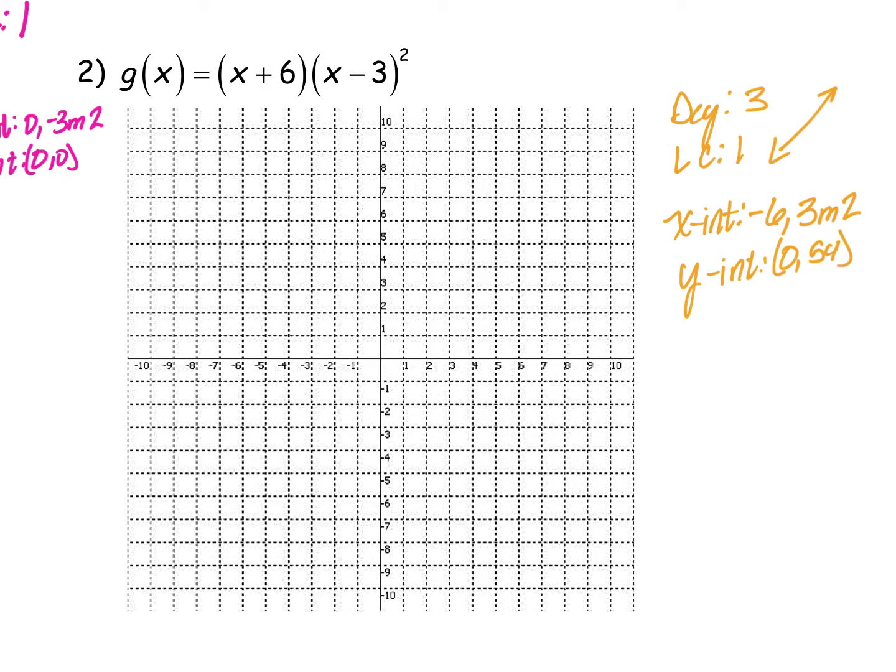Ugh. Okay. -6 and 3 and 54. So it's going to cross at no, because the -3 is squared, so -3 times -3 is 9. Yeah, good question. So, okay, it crosses at -6 and touches at 3. Okay, so it's going to go up.